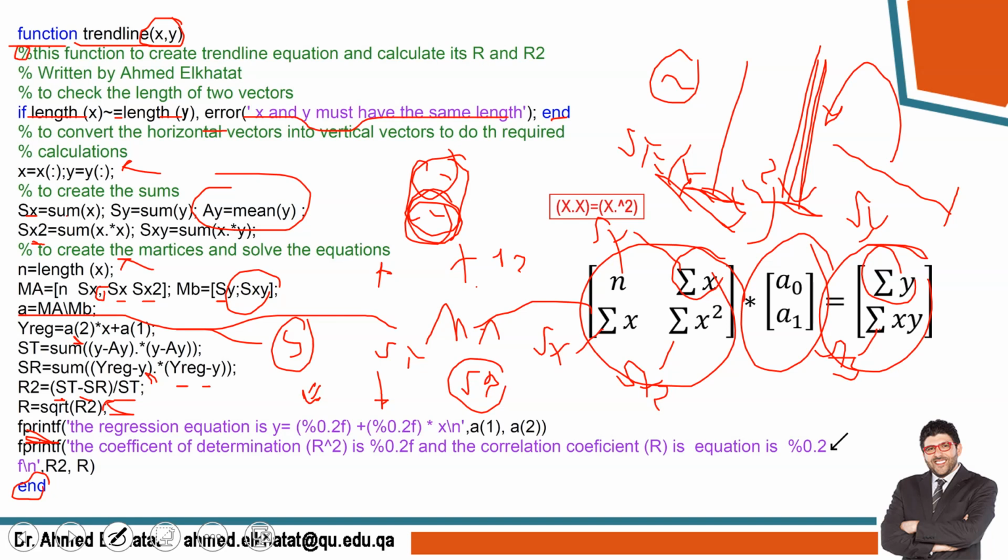Then the data that will go here will be a1, and the data that will go here will be a2. So this is to show the regression.